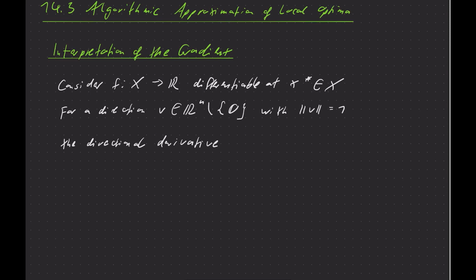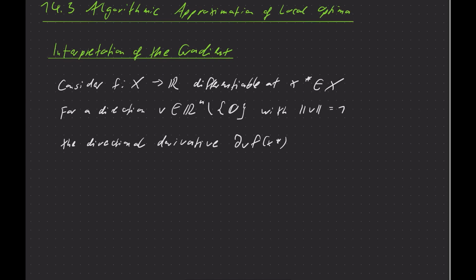That's d_v f at x star. And what that represents is the local rate of change of f at this point x star in direction v. So if we're moving in direction v out of this point x star, then that is the rate with which the function value changes. If it's high, then we'll expect a high rate of change in the function value.